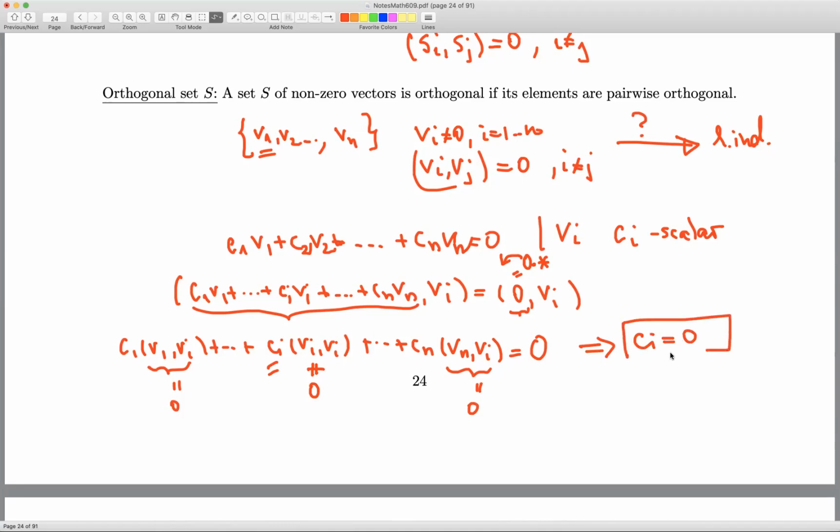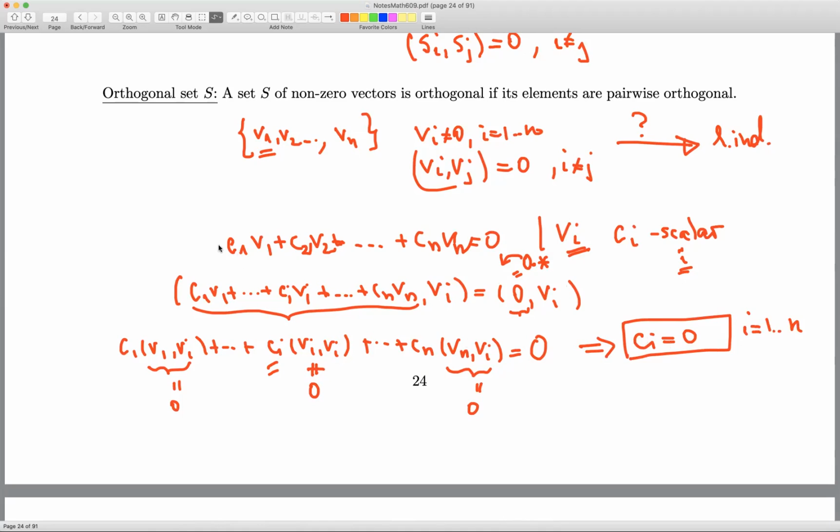When we multiply scalarly by Vi, Vi was any Vi. This means the index i was any number between 1 and n. So we can do that for all i, and therefore Ci is equal to 0 for i from 1 to n.